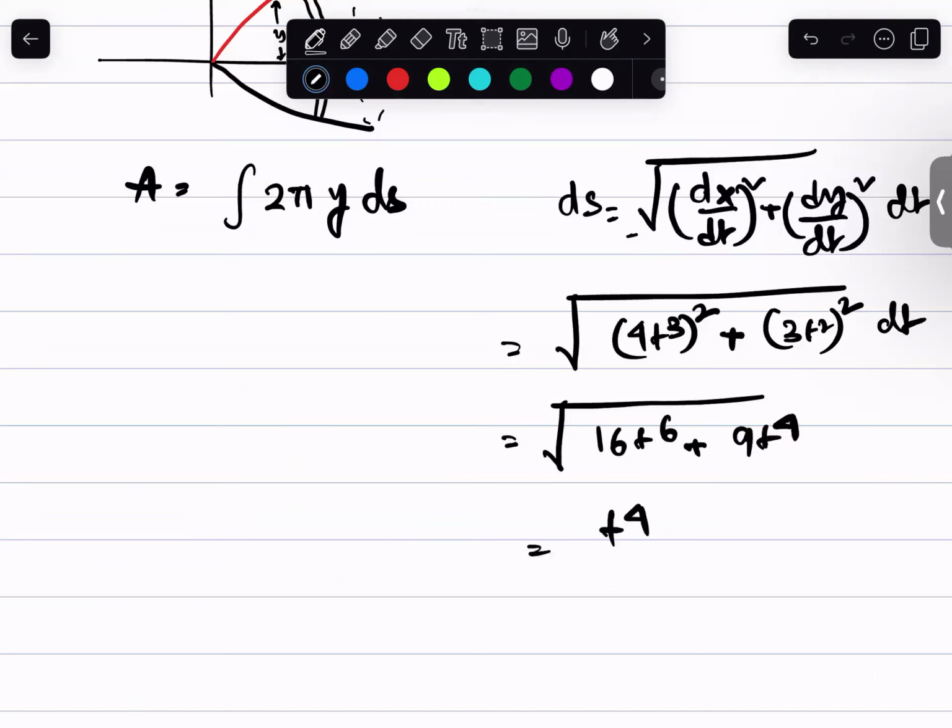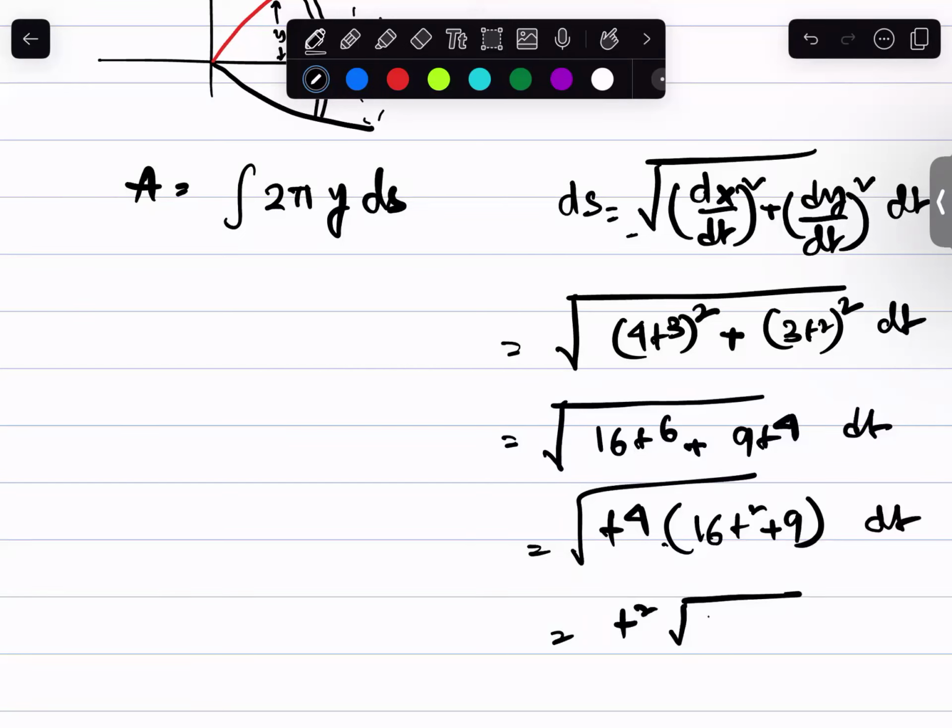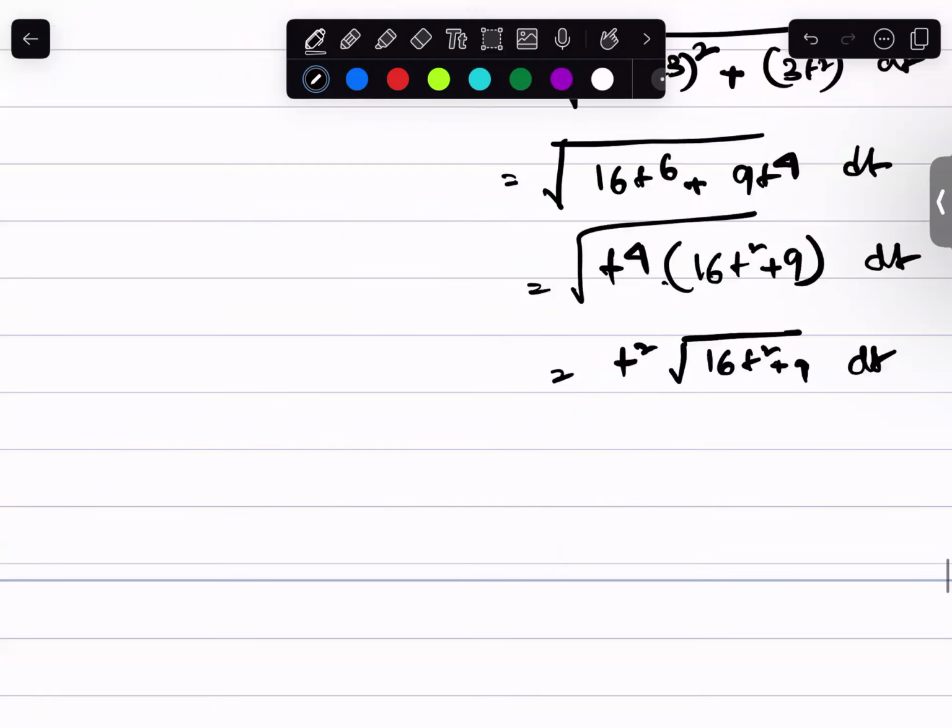If I take t to the 4 factored out, then I'll get square root of 16 t squared plus 9. And I can take this t to the 4 out of the square root. I'll get t squared times square root of 16 t squared plus 9 dt. Okay, so far so good.